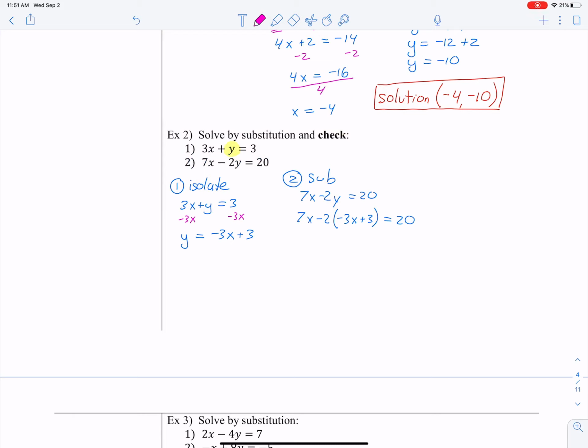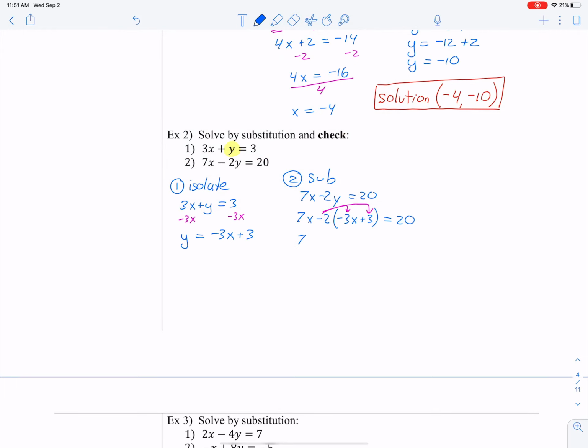I'm going to get rid of my bracket, so I'm going to take this -2 and multiply it here and here. A mistake that people make is they'll only multiply the -2 with the -3, but you have to multiply it to both of these different terms. So here and here.